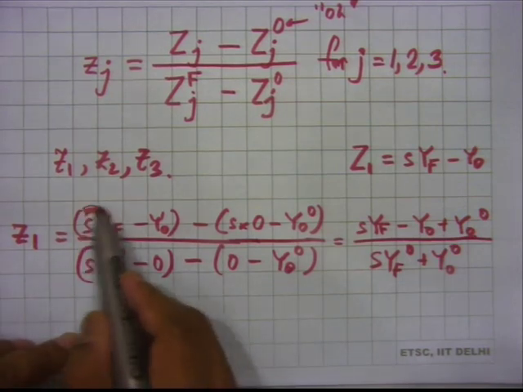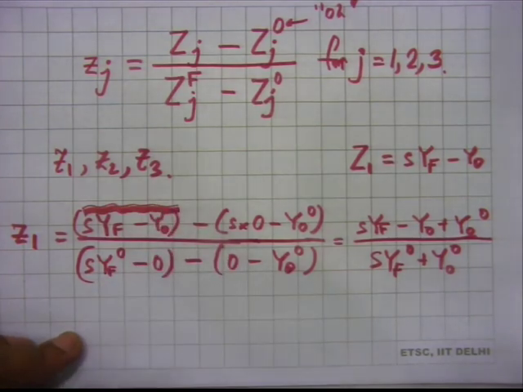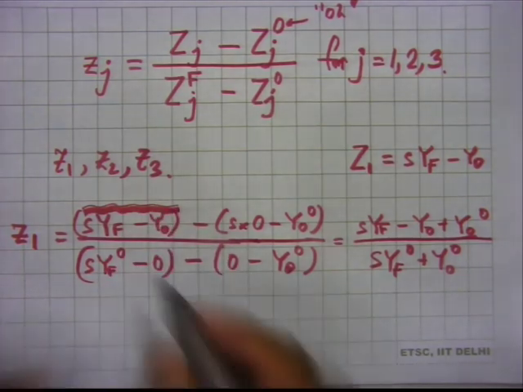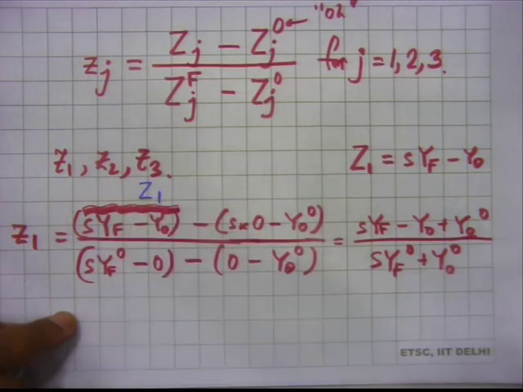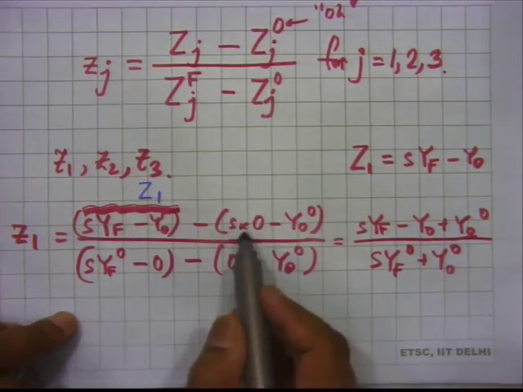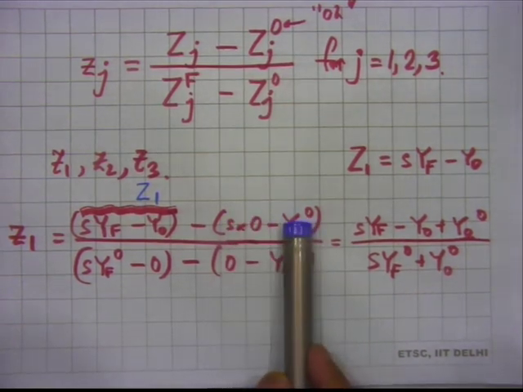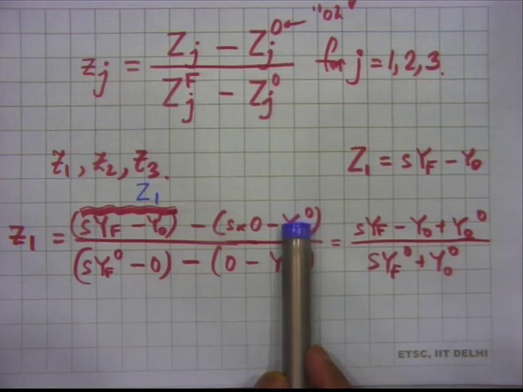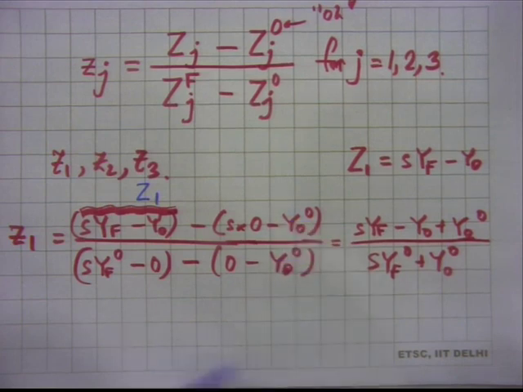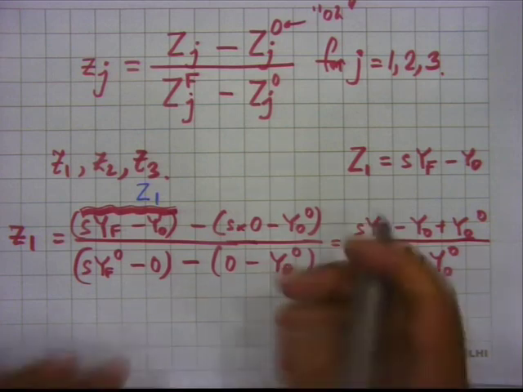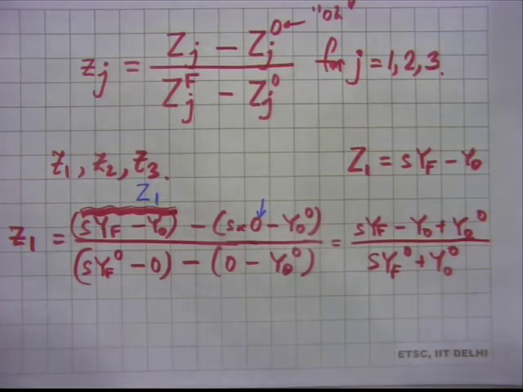So this is Z1, right? This one is Z1 and this is the value of Z1 in the oxidizer stream. So, this is okay. Why do we have a 0 here? YF is 0 in the oxidizer stream.